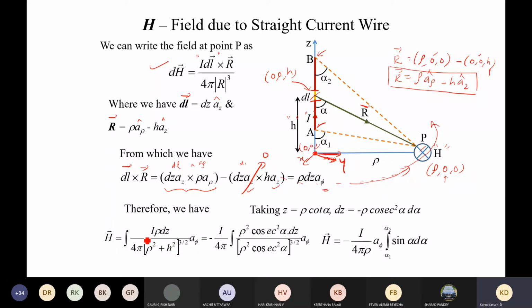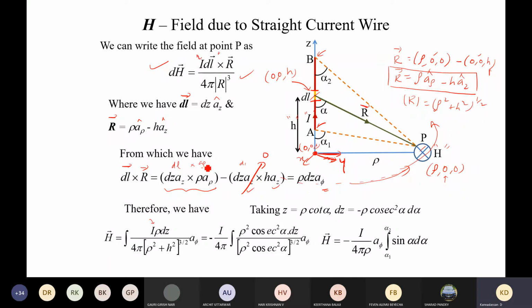And then we are going to substitute all this. The r vector magnitude we can easily say is nothing but rho square plus h square whole power 1 by 2. And we are substituting everything else here. So we will get I, this I is coming from here.